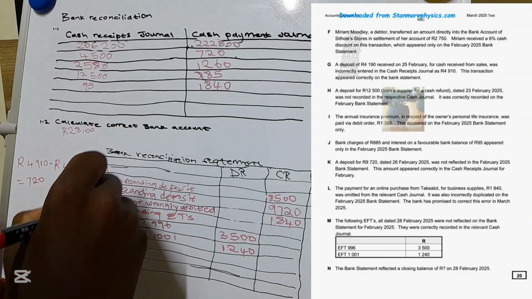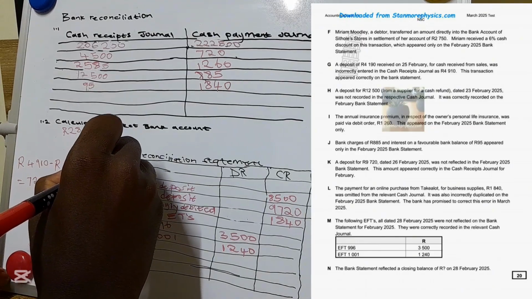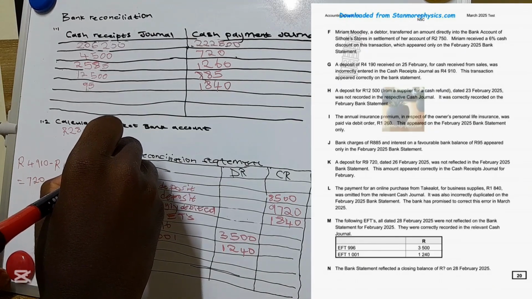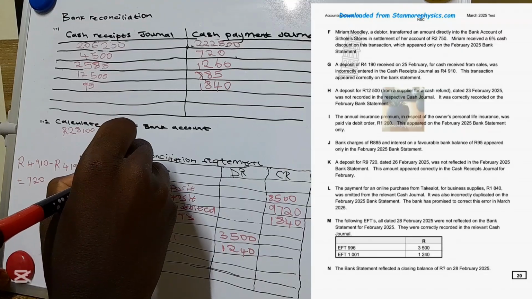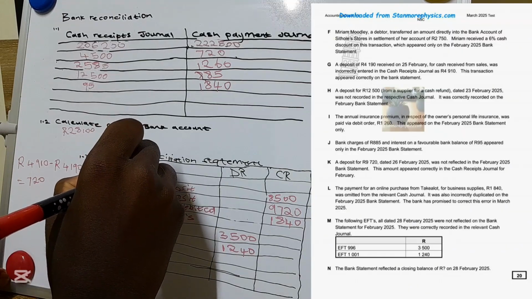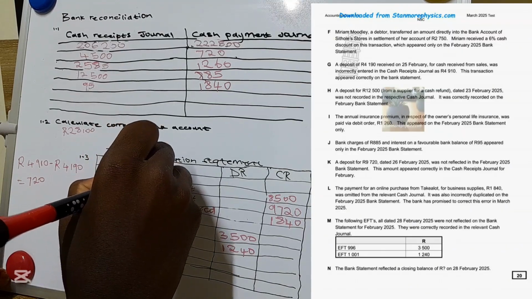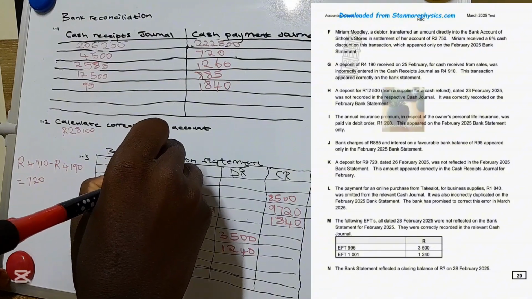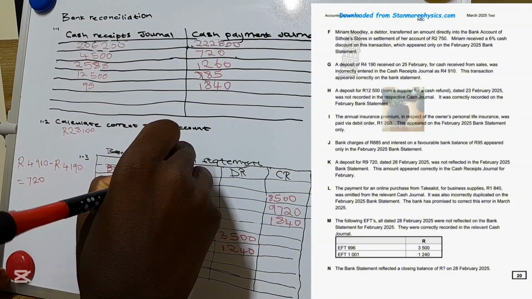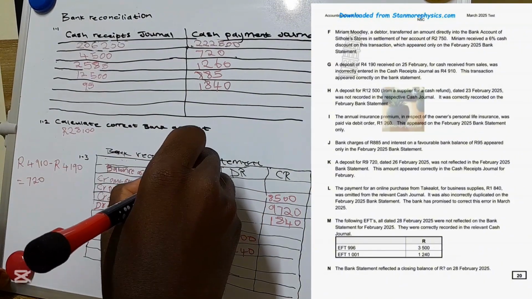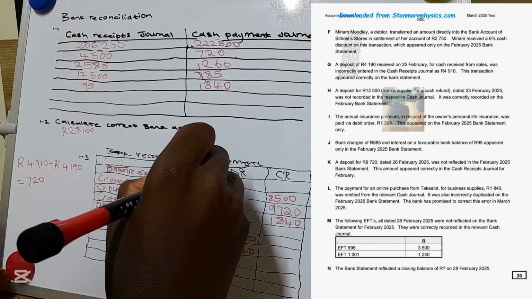So we are not sure whether it's going to be debit or credit. So for now, let's write balance as per bank statement.